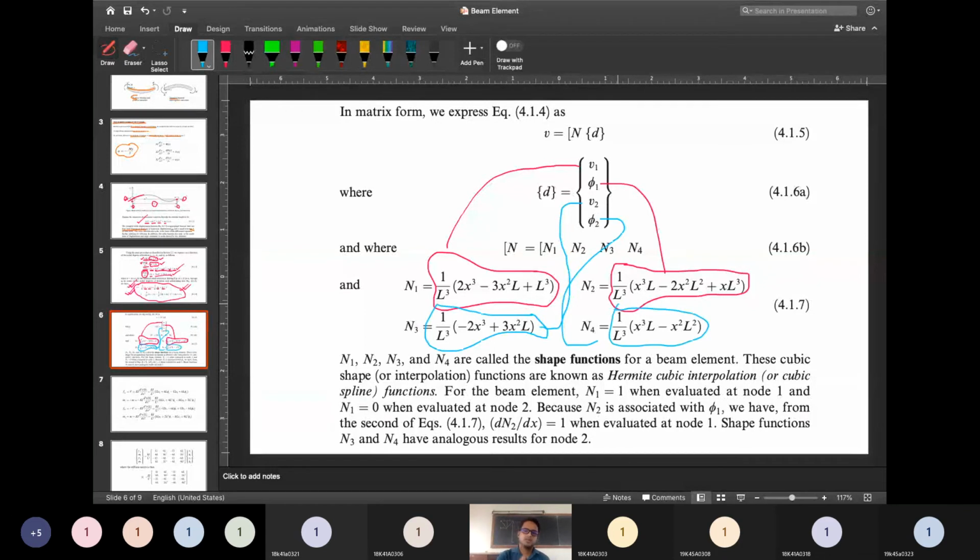Okay, so this V1, phi 1, V2, phi 2, these are the coefficients that I have written here as N1, N2, N3 and N4. So this N1, N2, N3 and N4 are nothing but the shape functions, also called Hermite cubic interpolation functions.